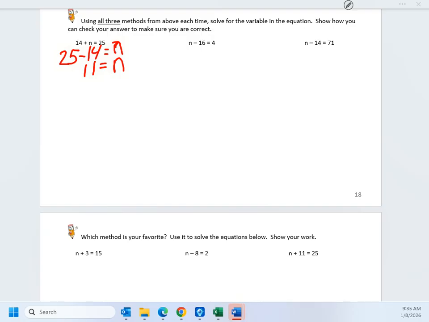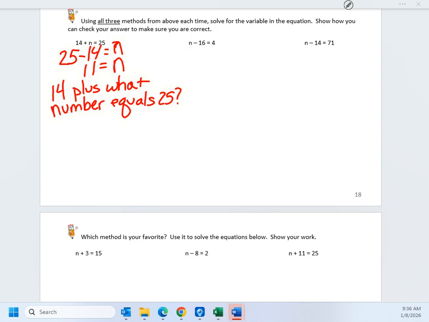Can anybody figure out what the question for the logic would be? Jack? Is it 14 plus 40 equals 25? 14 plus what number equals 25?